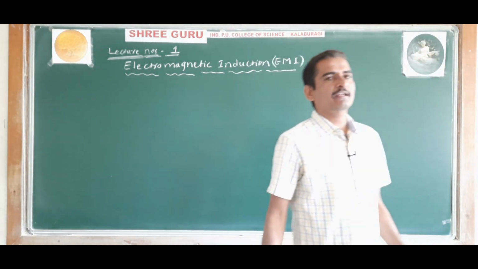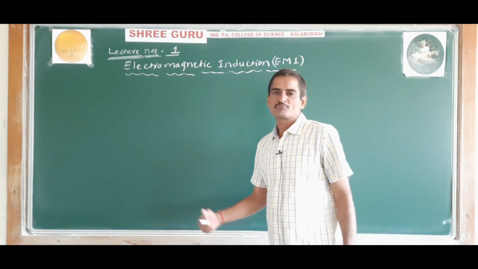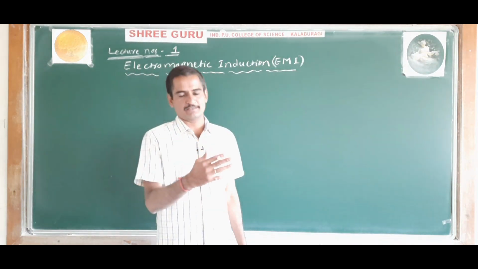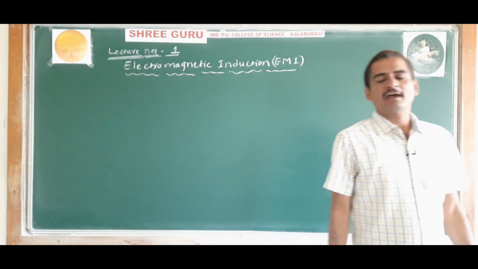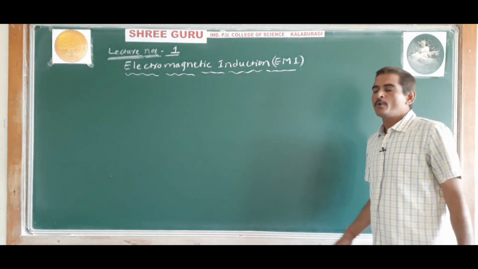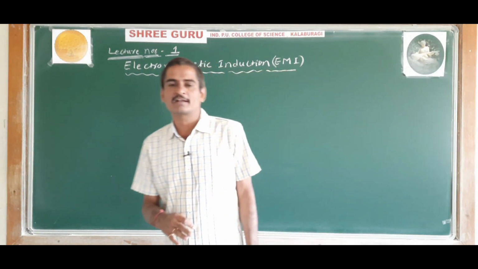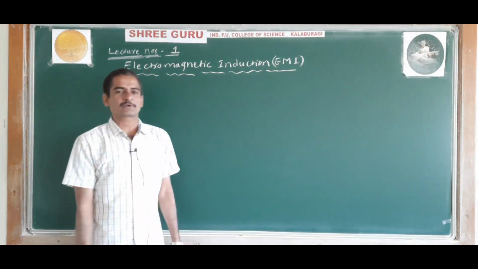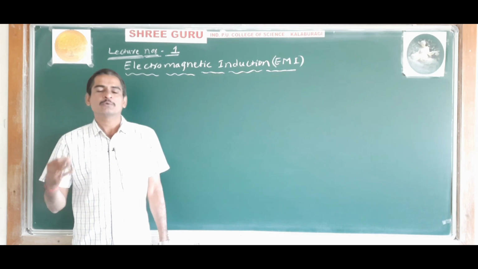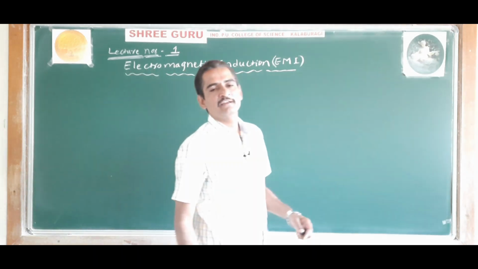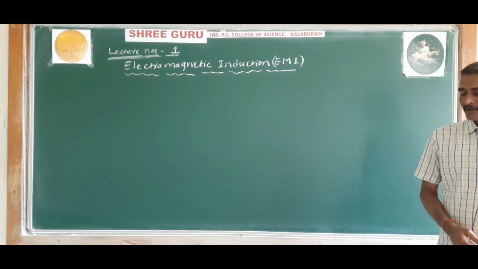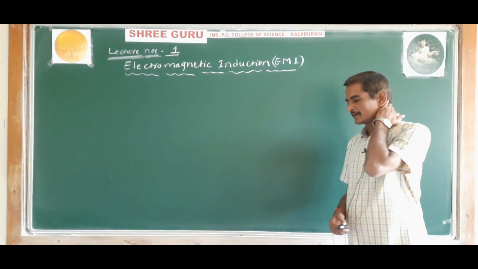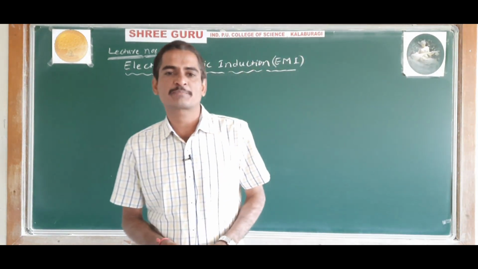When a charge flows through a conductor, an electric current is produced. And when electric current flows through a conductor, a magnetic field is produced.